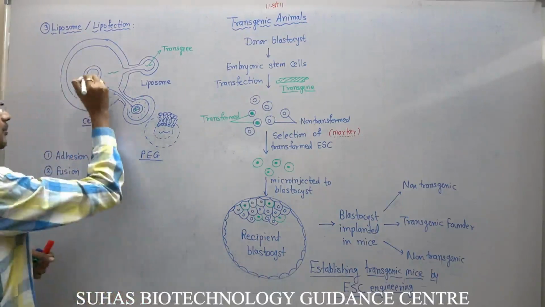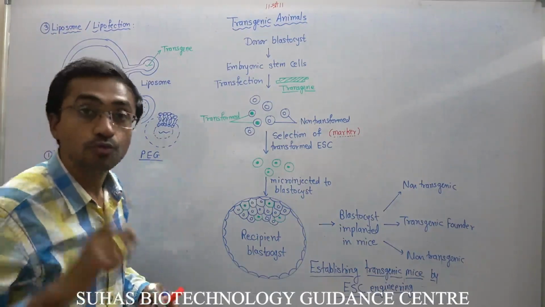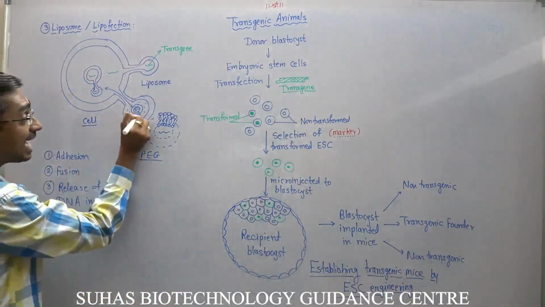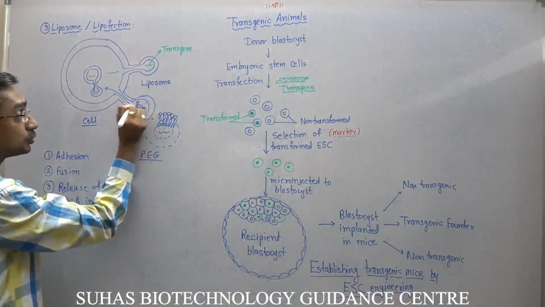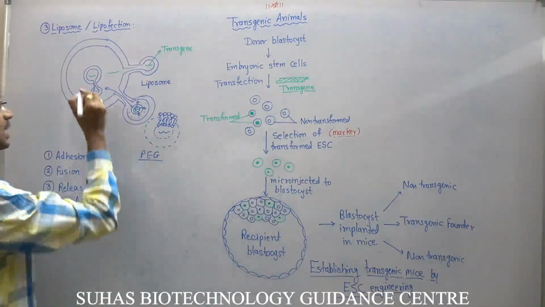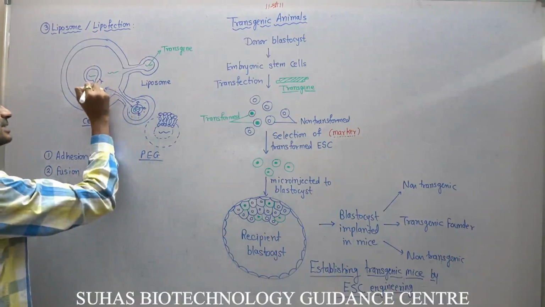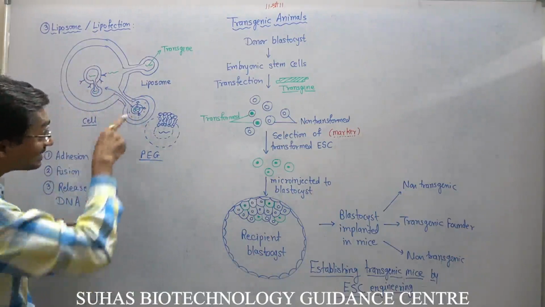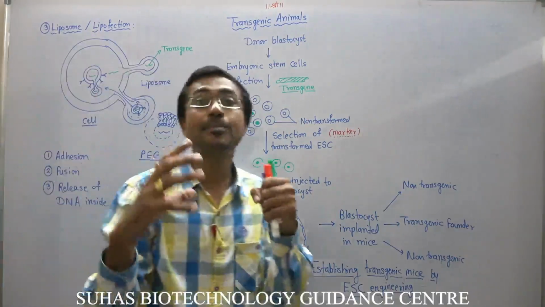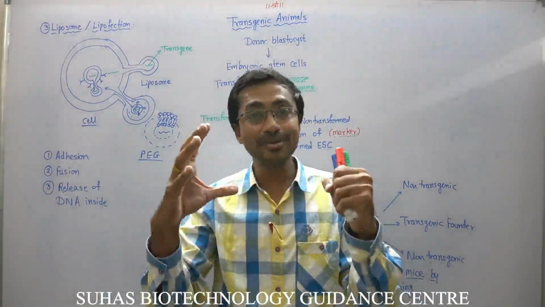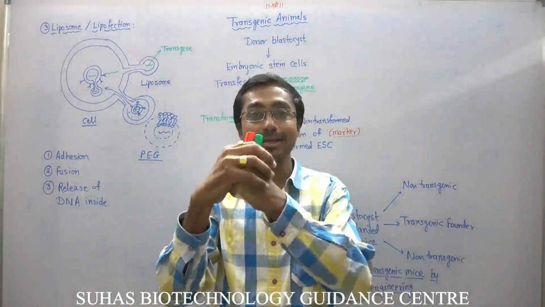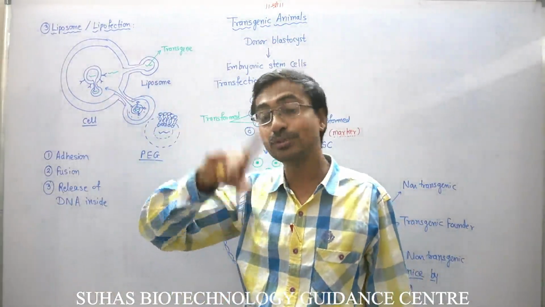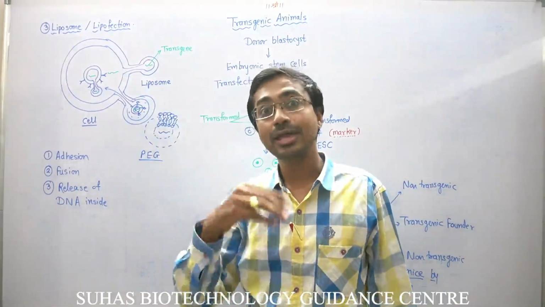And for that, what do we need to do? We need to introduce certain ligands in this inner liposome for which receptors are present in the nuclear membrane. Because this ligand and this receptor are perfectly complementary to each other, they will come and bind, they will go close to each other, because this inner liposome might fuse with mitochondria also or ER also.